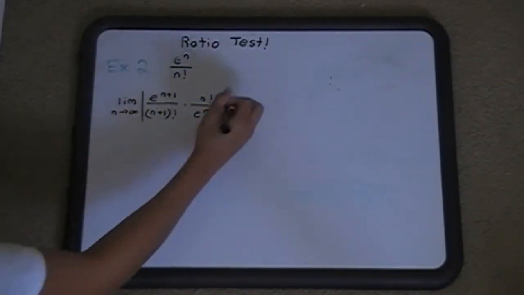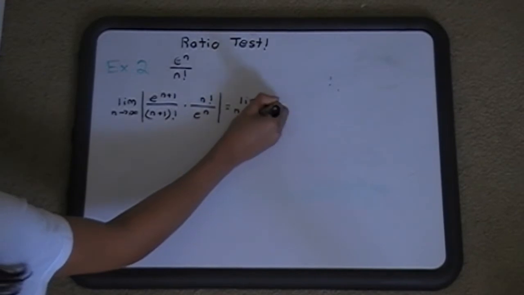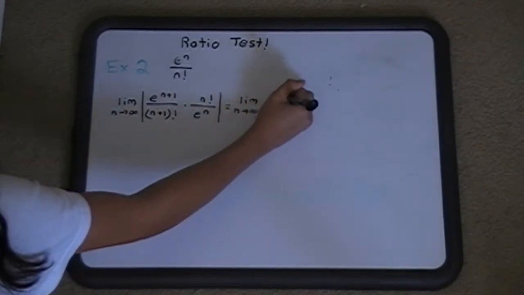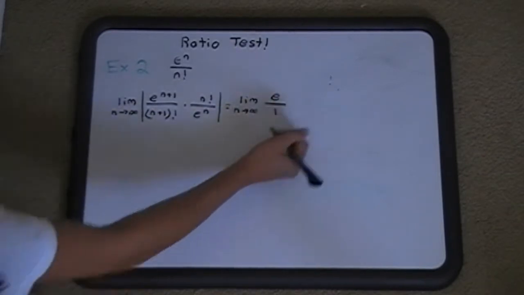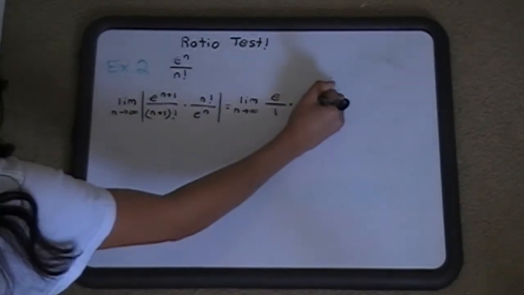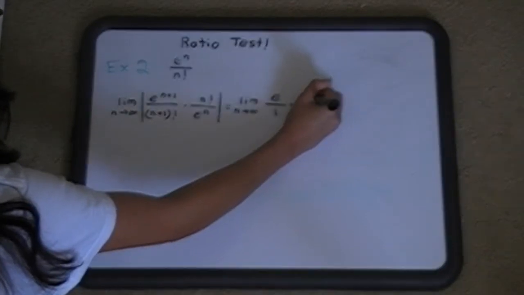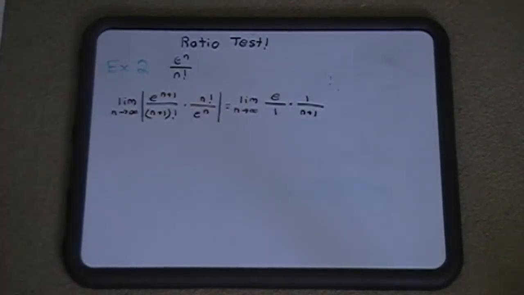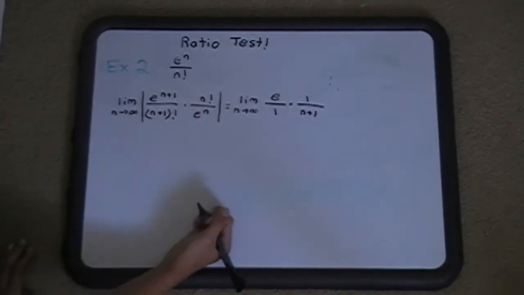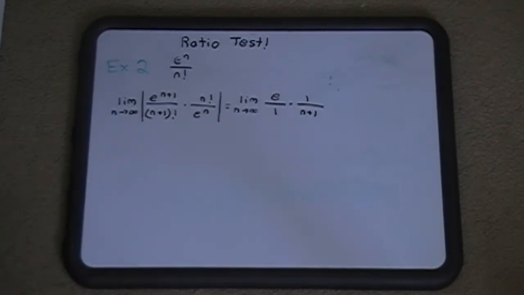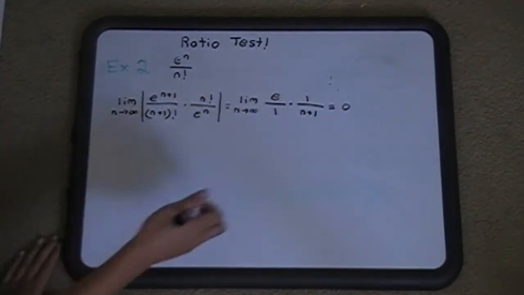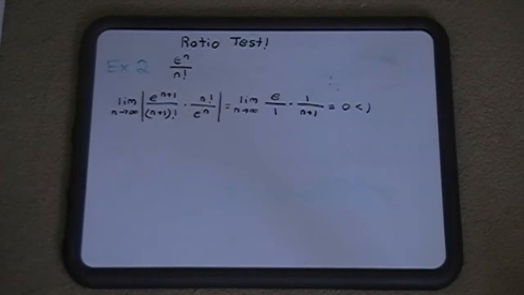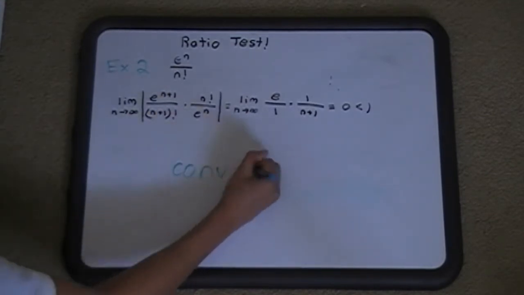Then again, you simplify that. e to the n plus 1 over e to the n is simply e to the 1, or e. n factorial over n plus 1 factorial is going to be n plus 1 in the denominator. And since n in the denominator approaches infinity, the whole limit will equal 0, which is less than 1 and is convergent.